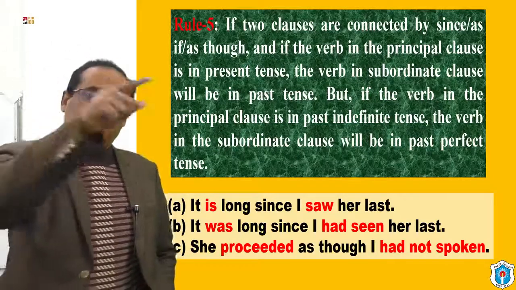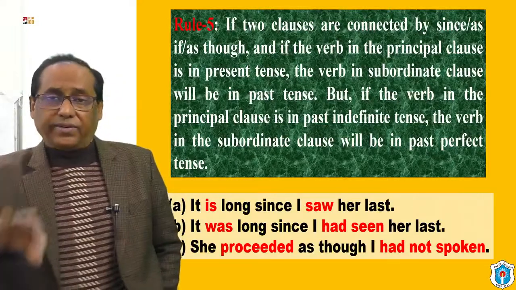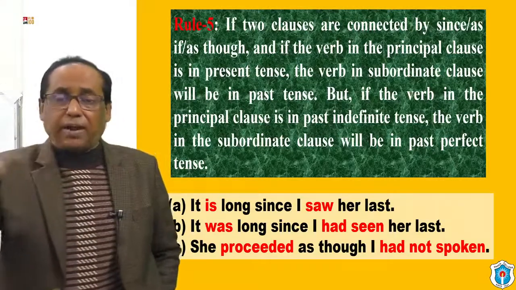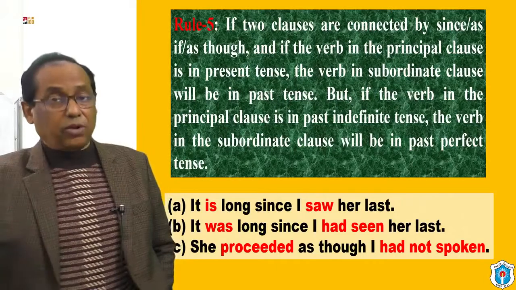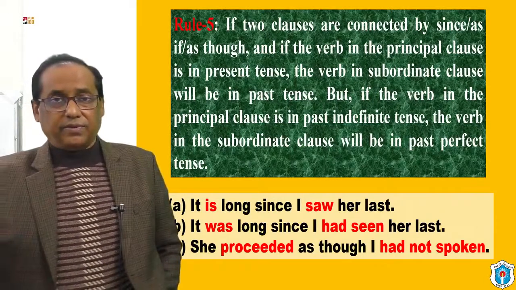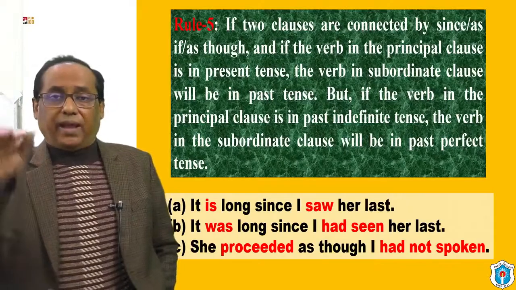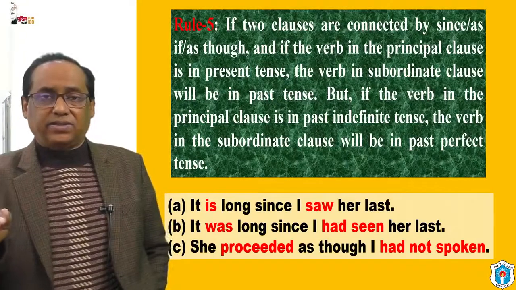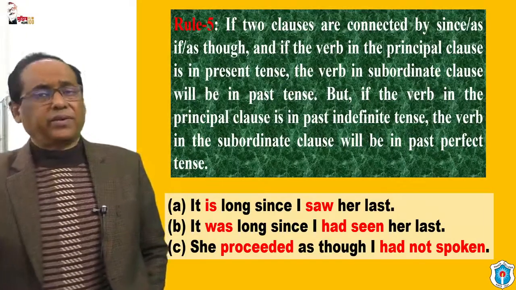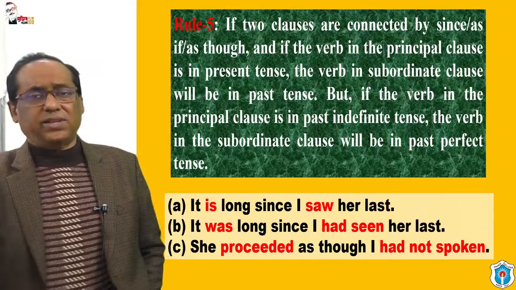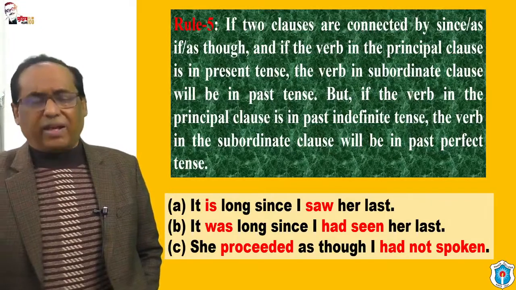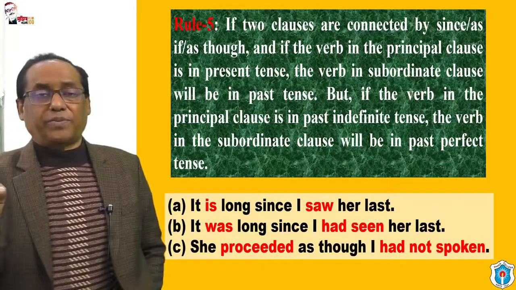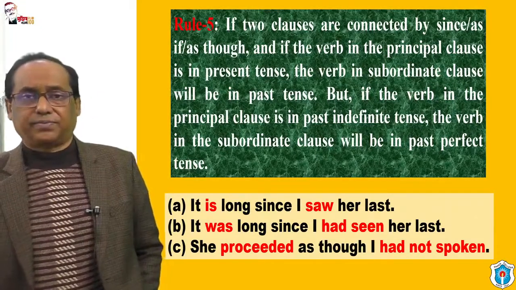In the previous class, I discussed subject-verb agreement, right? And you can remember all those rules. And today, I have discussed sequence of tenses. This is a very important part of grammar, part of right form of verbs.